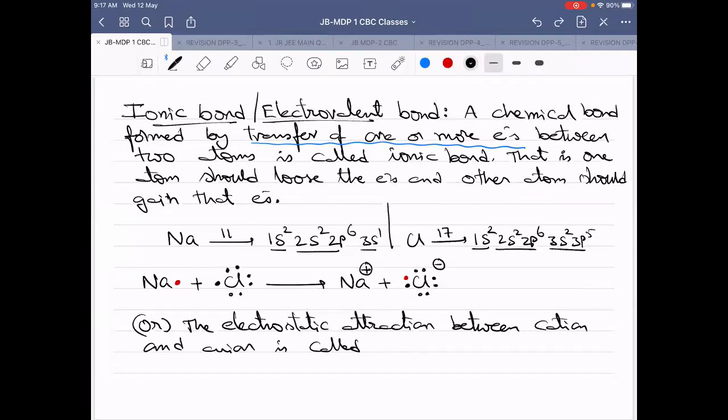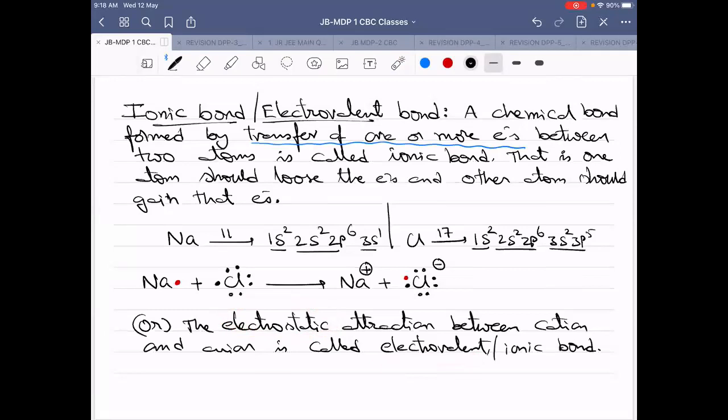Understand, the electrostatic attraction between cation and anion is called electrovalent bond or ionic bond. I am writing electrovalent in front because the definition itself is with respect to electrostatic attraction. One atom will lose the electrons, another atom will gain the electrons, and the formed cation and anion will have attraction between them, oppositely charged particles.